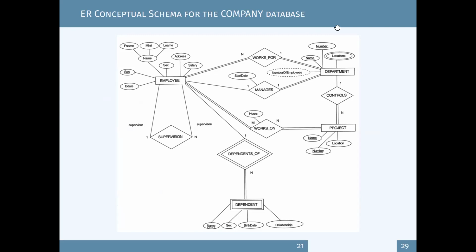So let me put that somewhere here. I will type employee, E, and then we include all the simple attributes. When we say simple, we can have social security number. Then here, name is a composite one. These are the simple ones. So we can say first name, middle initial, last name.